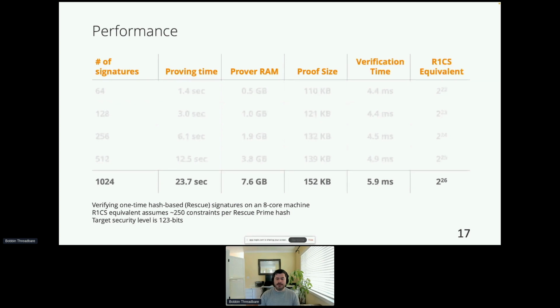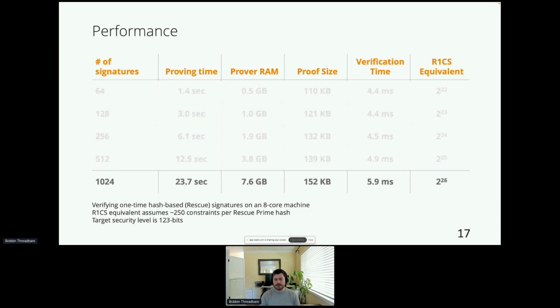In this case, this is running on an 8-core machine, and it takes about 23 seconds to verify 1,024 Lamport signatures. What this basically means is you're, for all practical purposes, just aggregating the signatures together. Once you verify them, nobody else needs to verify them again.